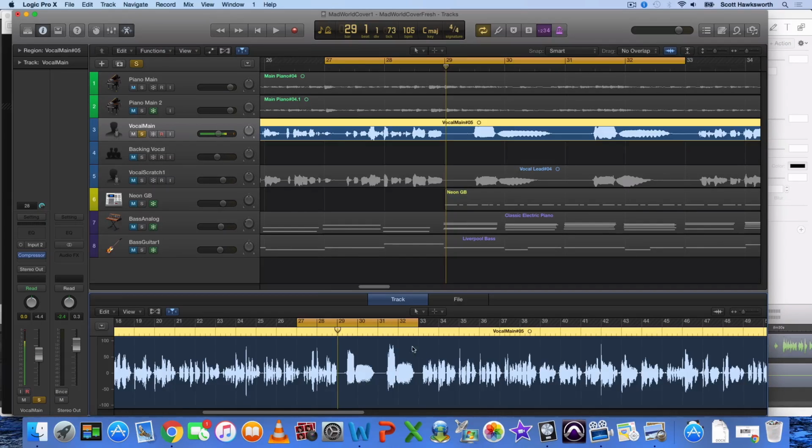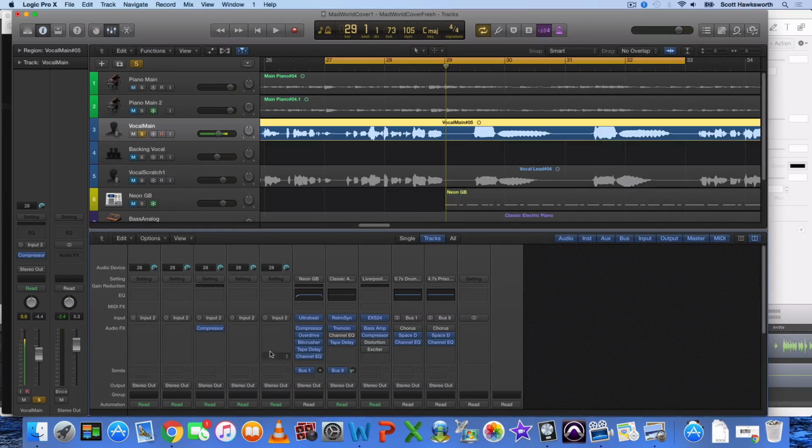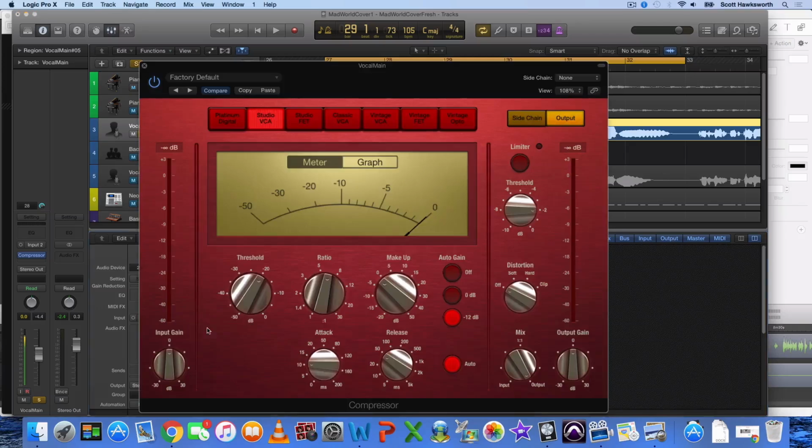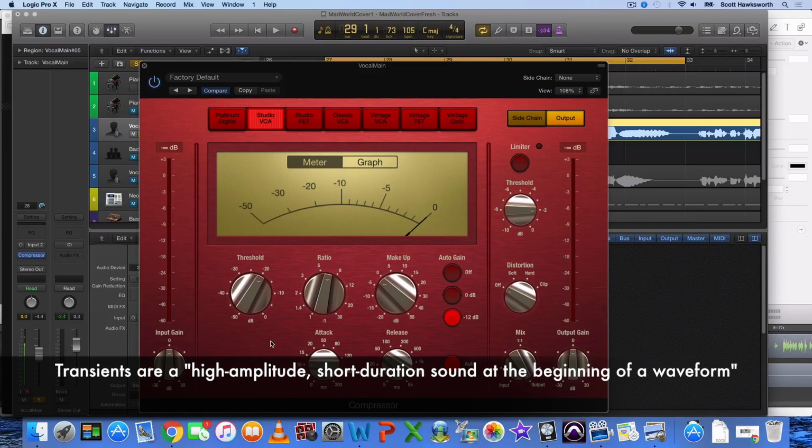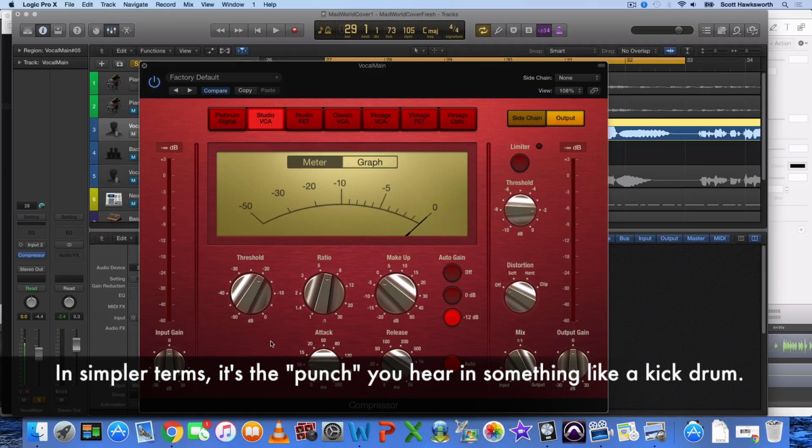But, and this is a word of caution, if you're using compressors, you have to be wary of overcompression. You have to be wary of pushing too much down on that and killing what's called transients. All you need to know about transients is that they're good and you want to preserve those.